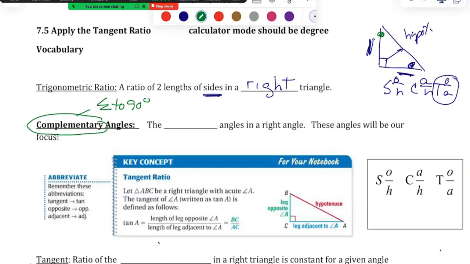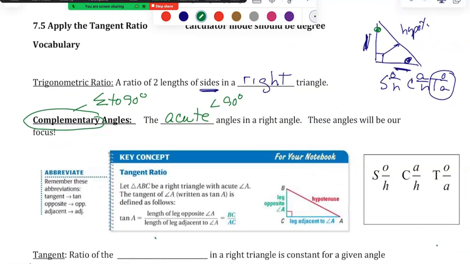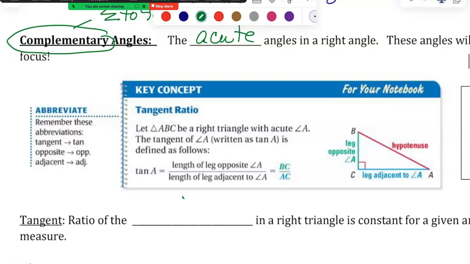So those two angles are the acute angles, which means less than 90 degrees, in a right triangle. And these angles are going to be our focus. So when we do SOHCAHTOA, we ignore that 90-degree angle. We never use it.